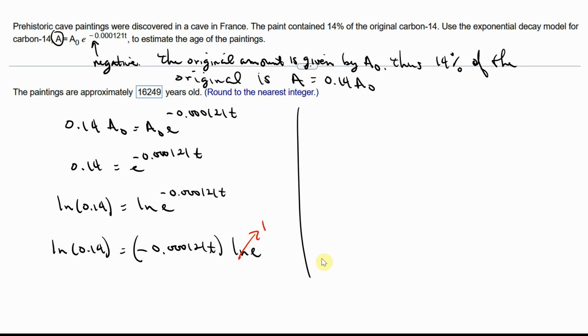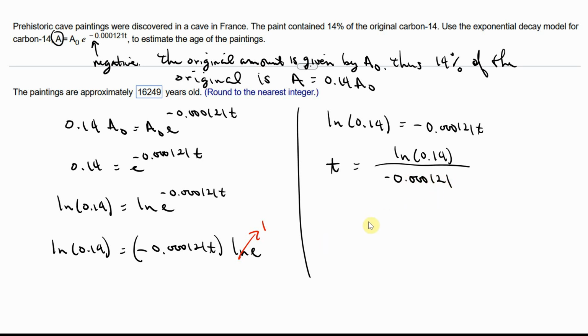So what we end up with is the natural log of 0.14 is equal to negative 0.000121 t. And so t is equal to the natural log of 0.14 all over negative 0.000121.